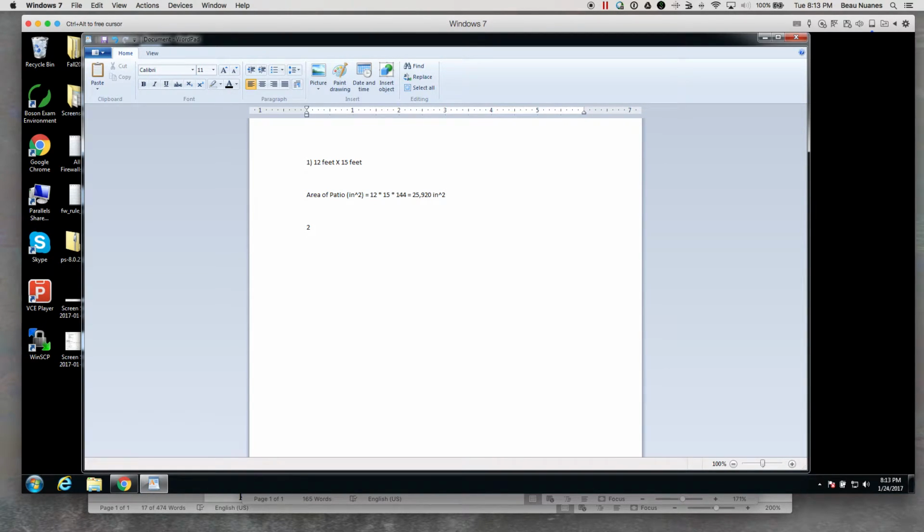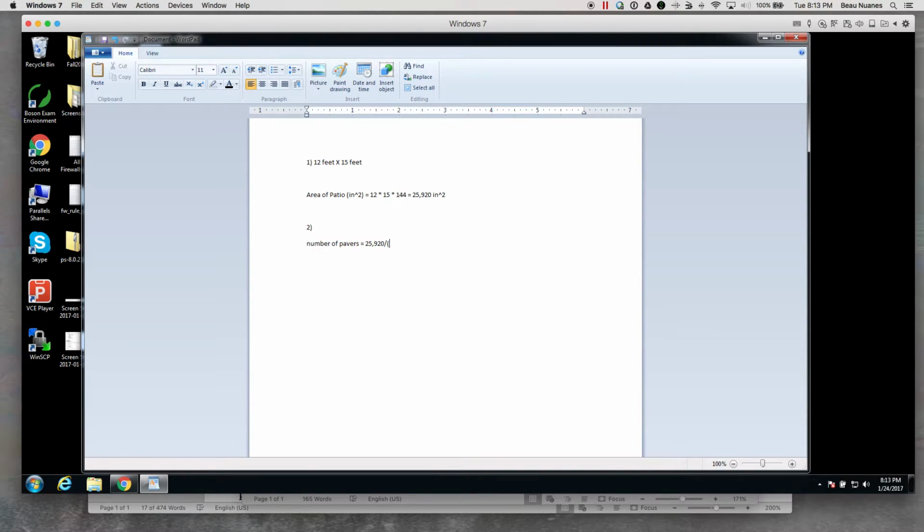Now two, we want to know the number of pavers, or number of bricks. So I'm going to say number of pavers. This is going to be the base number. That's going to be the 25,920 that we had divided by 8 times 4. Where does that 8 times 4 come from?